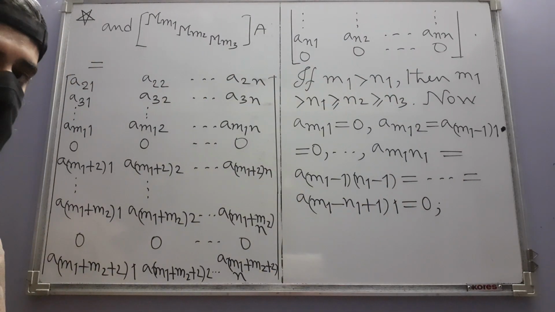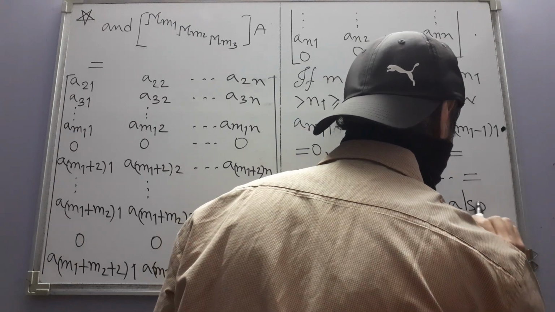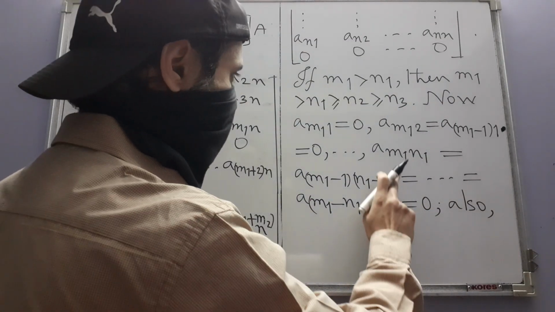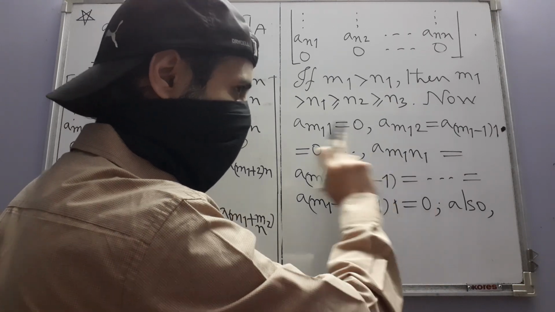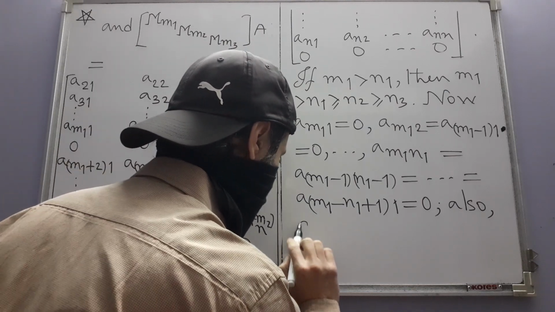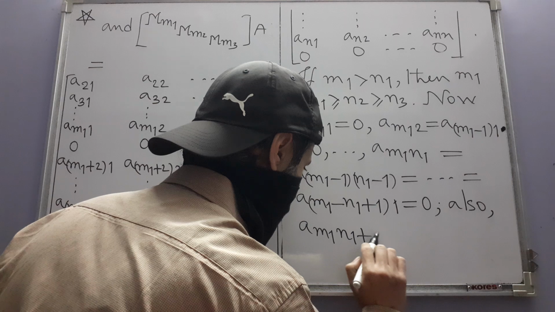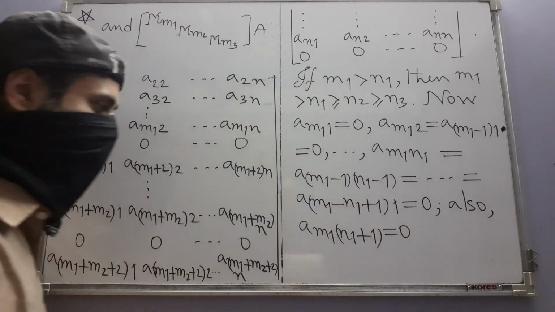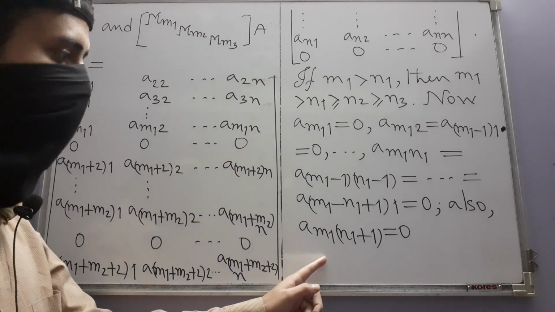But the calculation doesn't stop here. So next what we should consider, we have considered the second index n1 up to n1. So the next one should be n1 plus 1. And this is immediately equal to 0. Again, by the fact that those two products are equal.